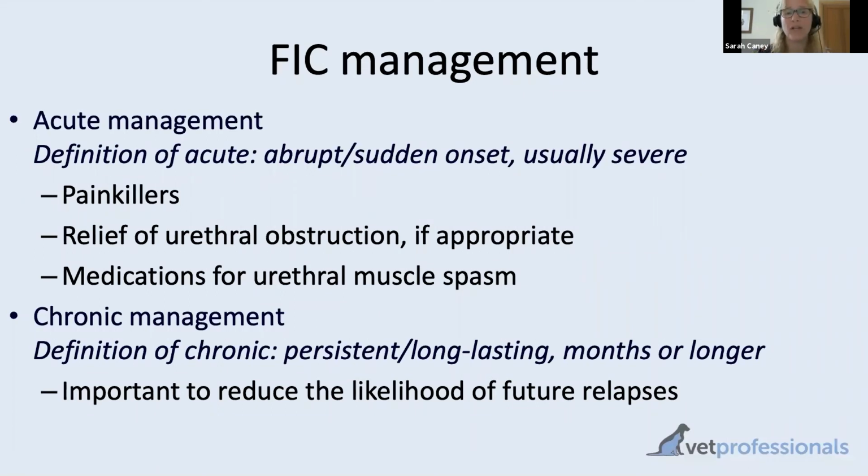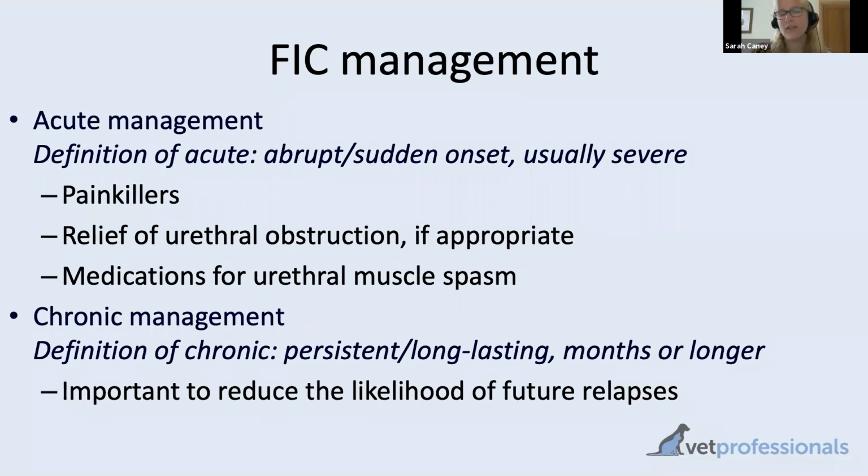But more importantly would be those cats that have any evidence of urethral obstruction. The blocked cats definitely need the emergency management, which might include antispasmodics, medications that relax the muscle of the urethra to allow urine to pass through, and or catheterization if there is a urethral plug, for example.